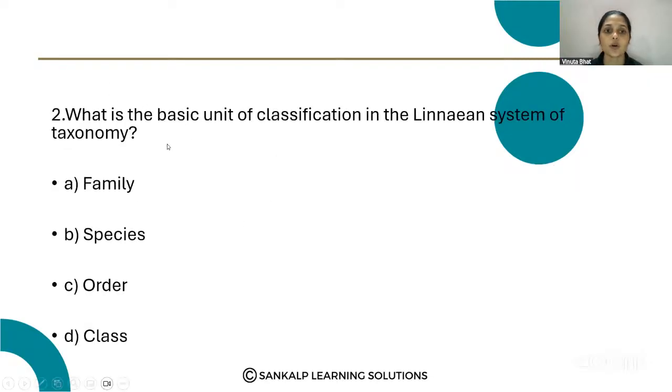Second question: what is the basic unit of classification in the Linnaean system of taxonomy? Option A, family. Option B, species. Option C, order. Option D, class. Comment your answer in the chat box.